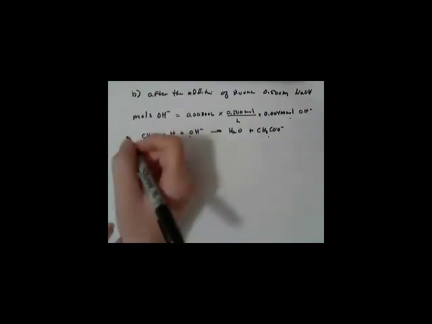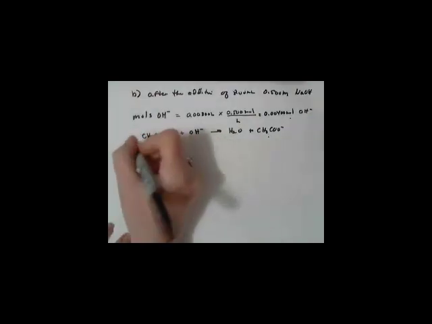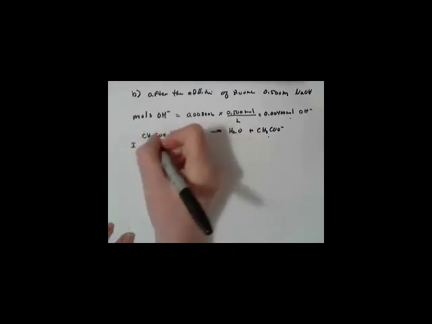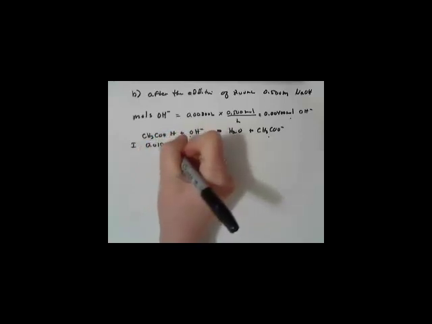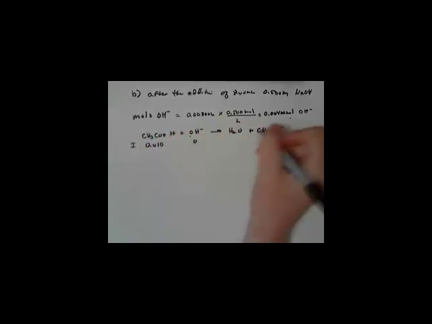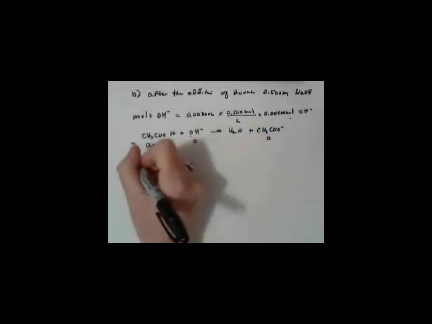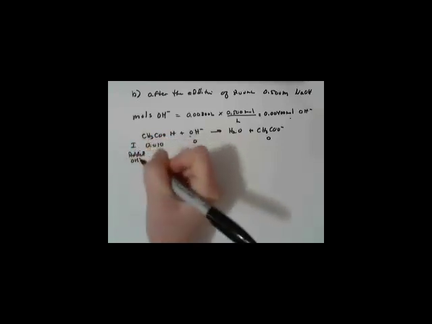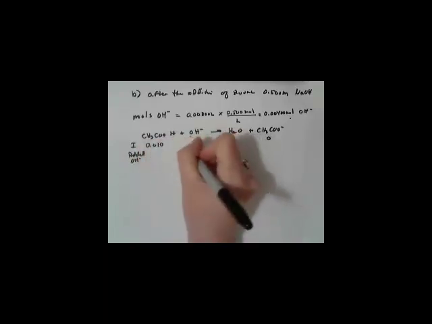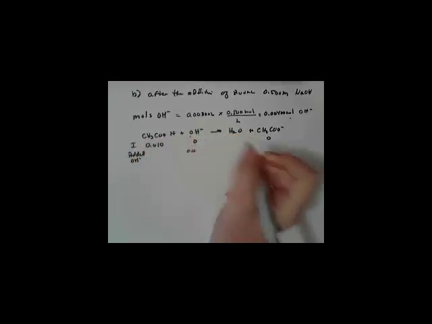So anyway, the initial amounts in moles. We have 0.01 moles of acetic acid, and obviously 0 for the hydroxide and 0 for the acetate are approximately equal to 0. Then our added moles of hydroxide ion correspond to 0.004 moles.